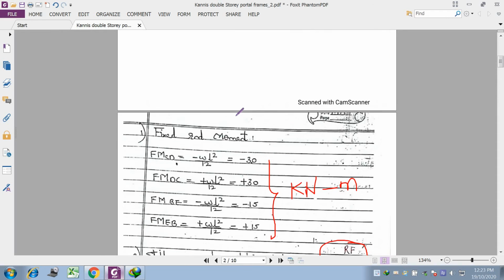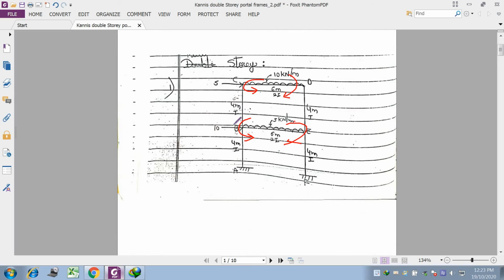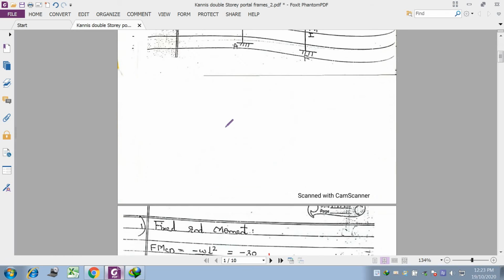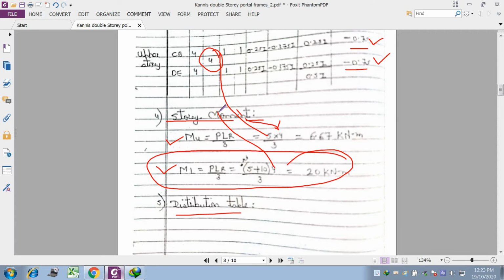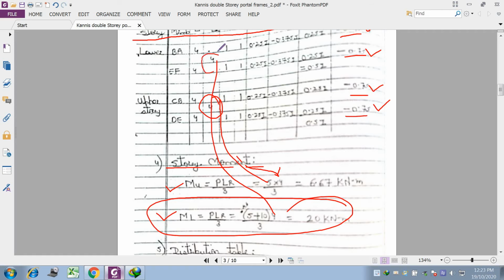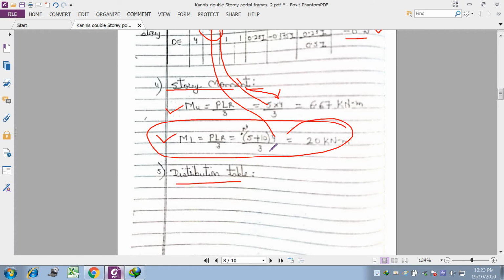In the calculation of the lower moment, we have to consider the upper horizontal load also. Whatever horizontal load is there at the top, we have to incorporate this load in our lower story too. So it will become (5 plus 10) into 4 divided by 3. The 4 comes from this lower part. Therefore it will be equal to 20 kilonewton meter. So this calculation you must know.